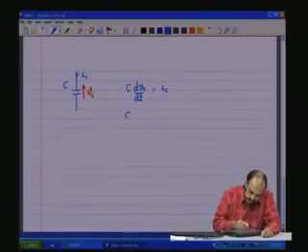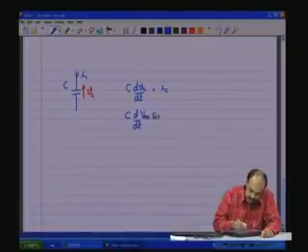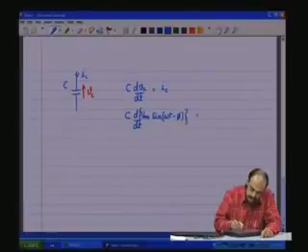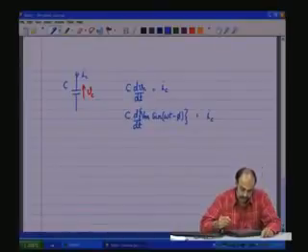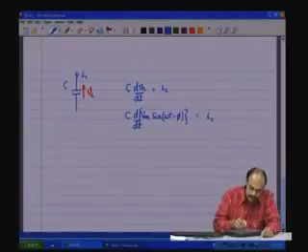So, it could be something like C d by dt Vm sin omega t minus some arbitrary phase shift, let us say. This is equal to IC. Now, here we are operating by d by dt.